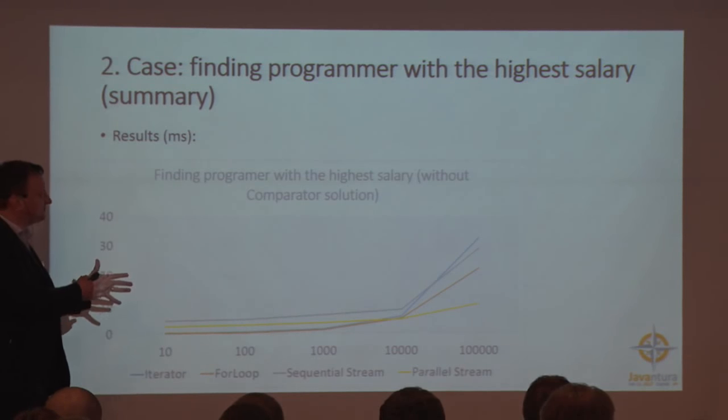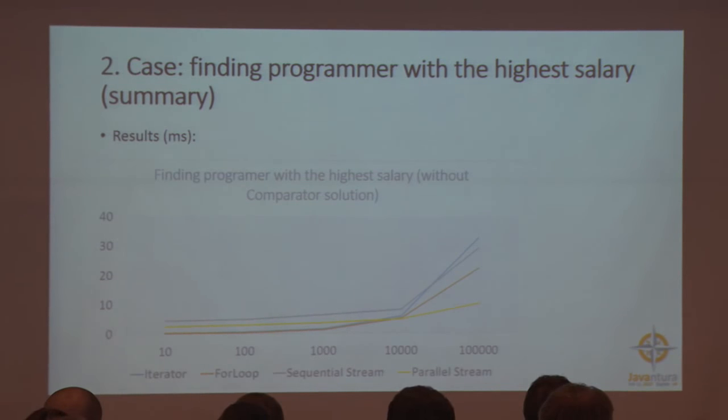Okay, the next one, if you try to find a programmer with the highest salary, it's very similar. Just we have to start with finding the biggest BigDecimal object and compare those objects across the whole collection.